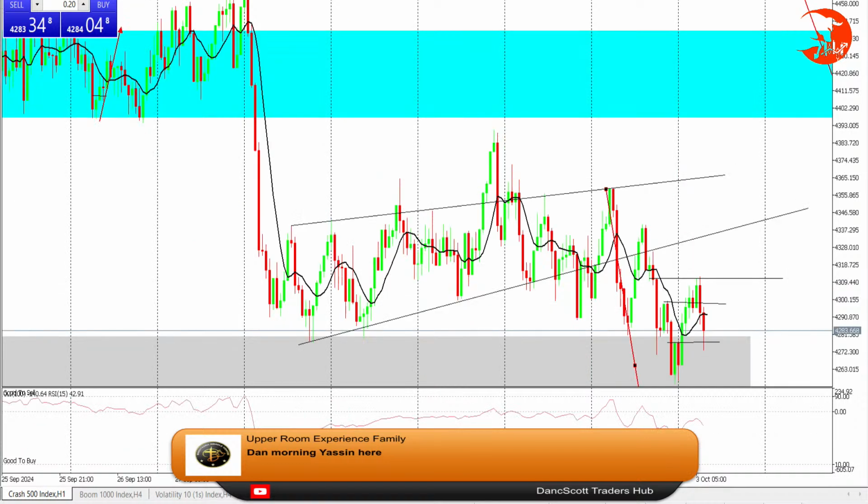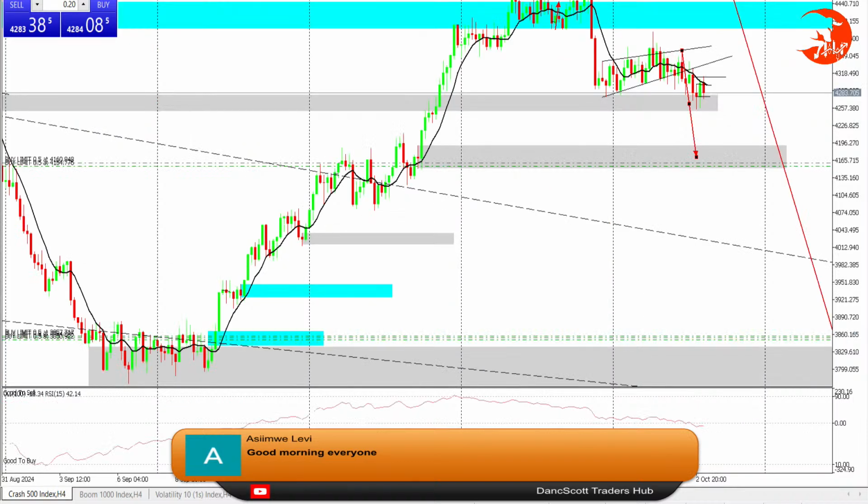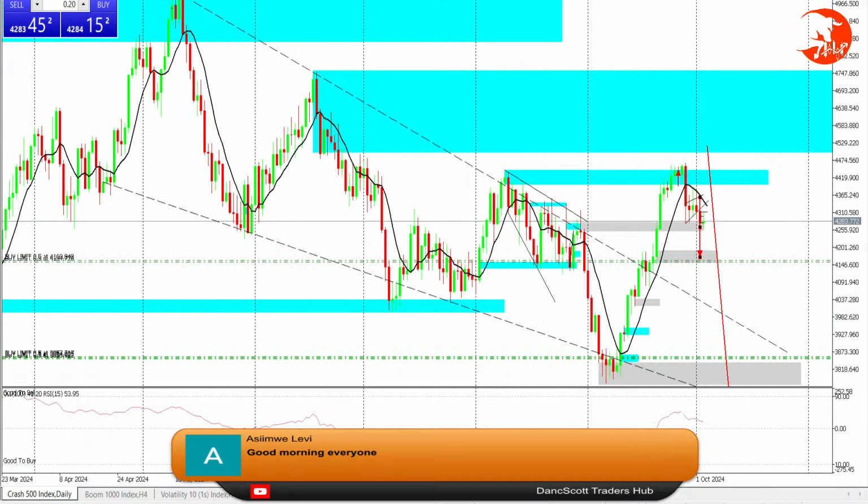M15 and H1, they're trying to show us that we are shifting to buys. The last H4 is sort of a retest to continue the sells, and daily will be continuing the buys.